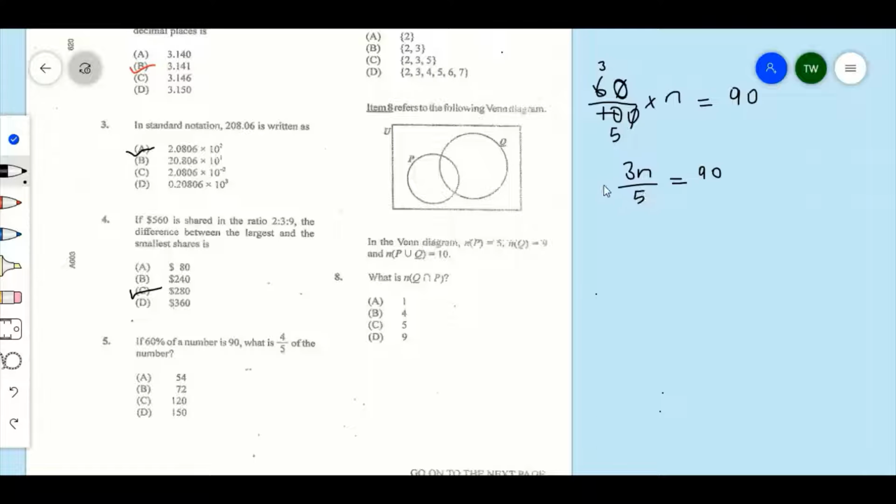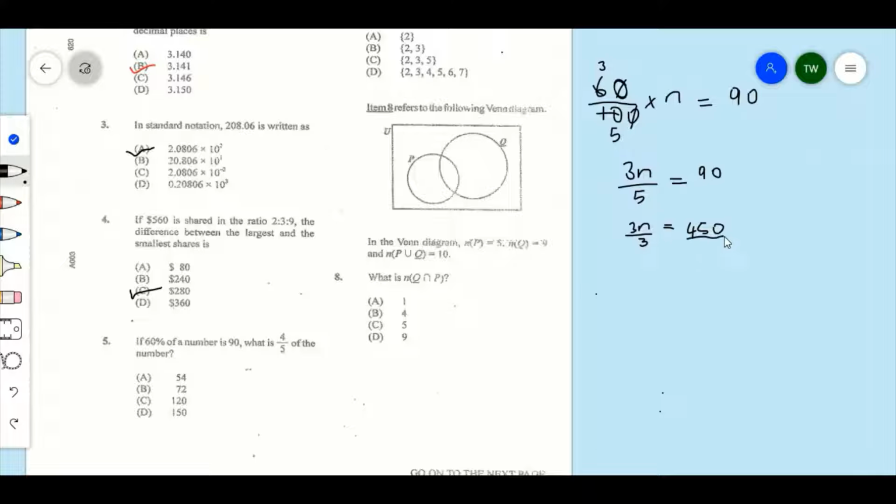Now, if we multiply both sides by 5, on this side we're going to be left with 3n, is equal to 5 times 90. 5 times 0, that's going to be 0. And 5 times 9, that's going to be 45. Right? So 5 times 9 is 45. Now to find what n is, we're going to divide both sides by 3.